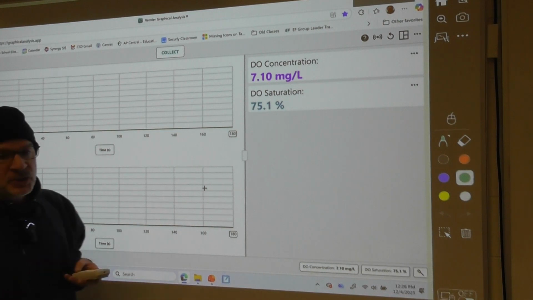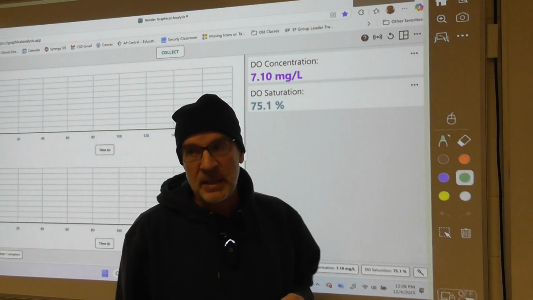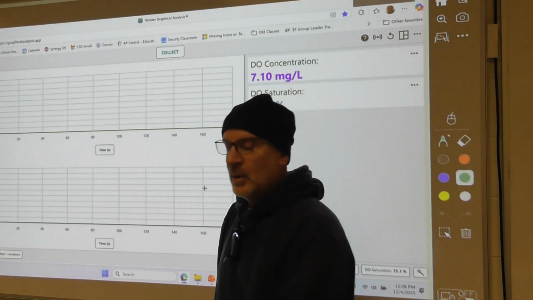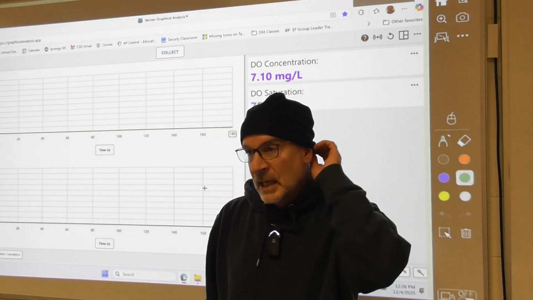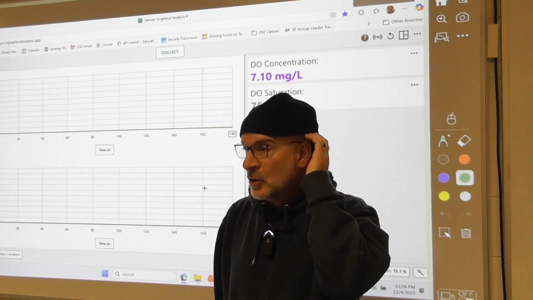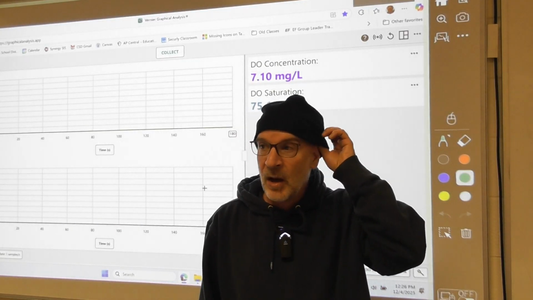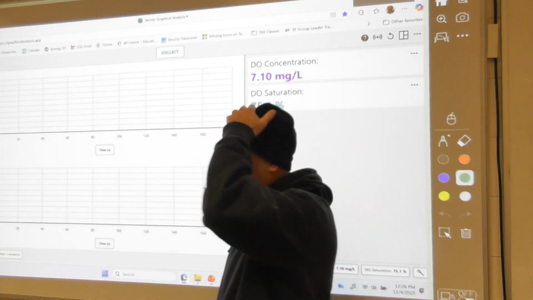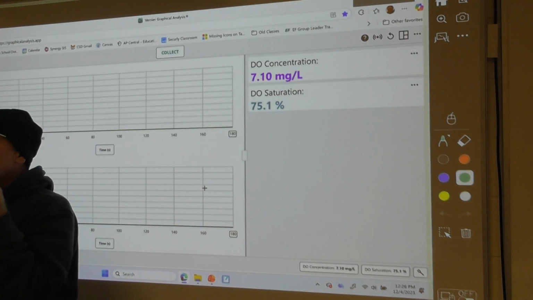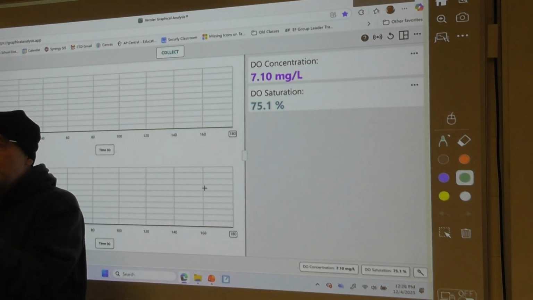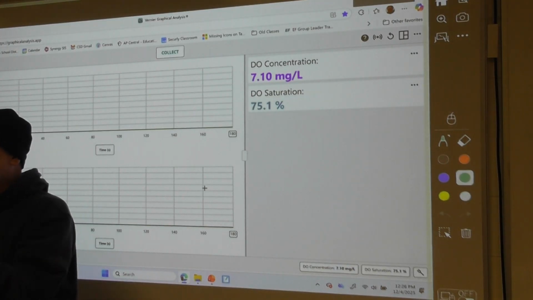And what I want to do next is have you think about a couple of different pieces. One piece is the physical conditions of the water. If we were to go outside, for example, and look at the creek, without making any measurements of water quality, there are things you'll be able to notice.